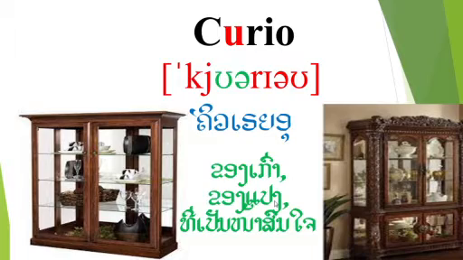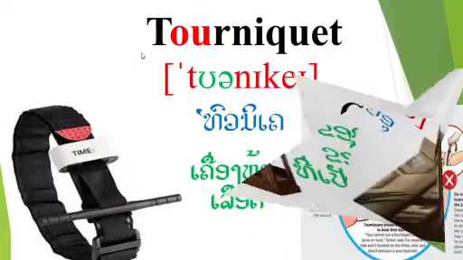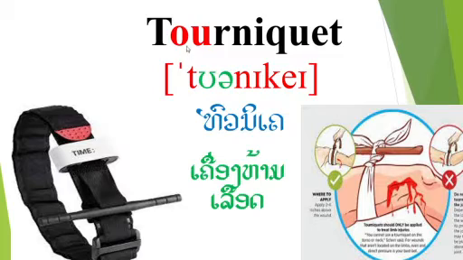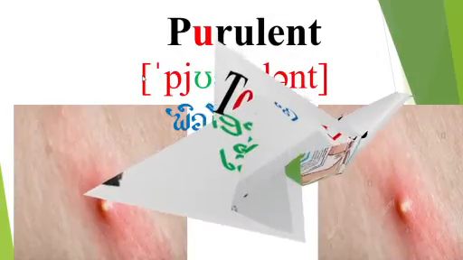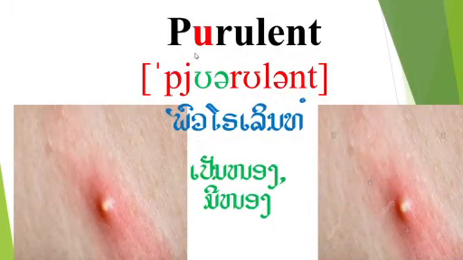Sorry, I tried the Lao language and made a mistake, don't worry, just listen to my voice. Next, tourniquet, in Lao a device to stop bleeding. Purulent, in Lao containing pus.